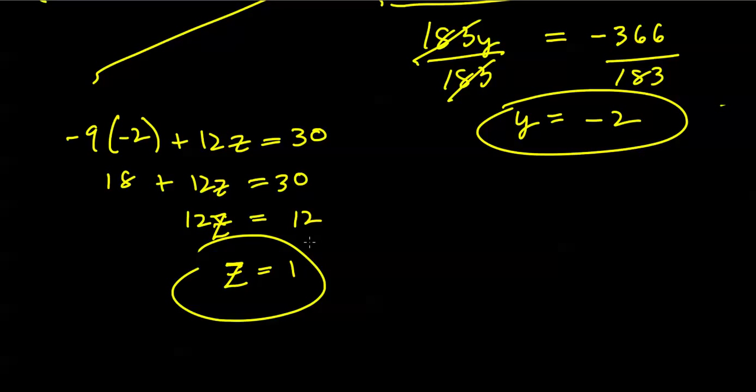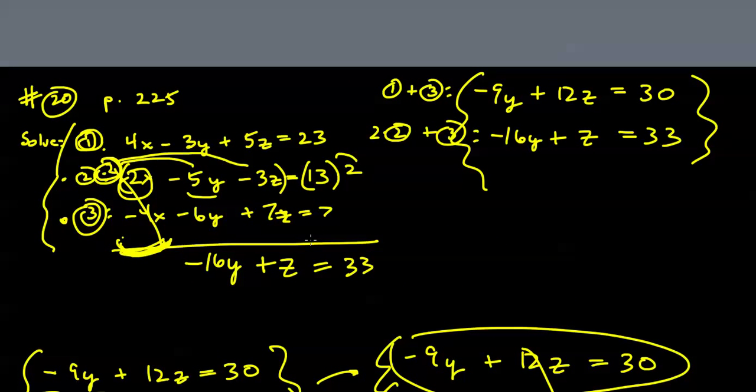Alright, now that I've solved that 2 by 2, I'll go back to my original 3 equations, and I can pick any of them and plug in the values of y and z that I found. Oh, I think I'm going to pick the middle one.